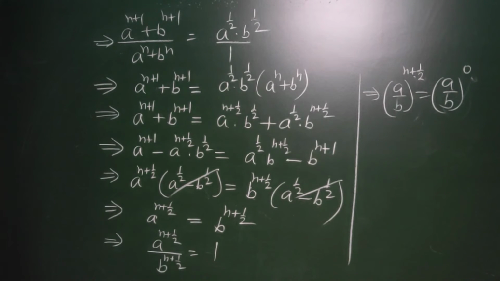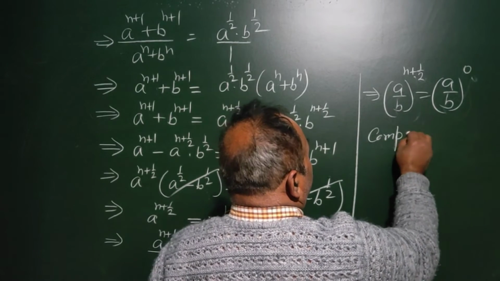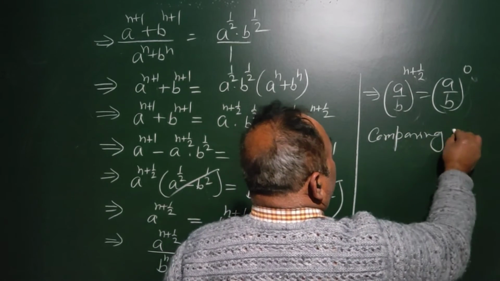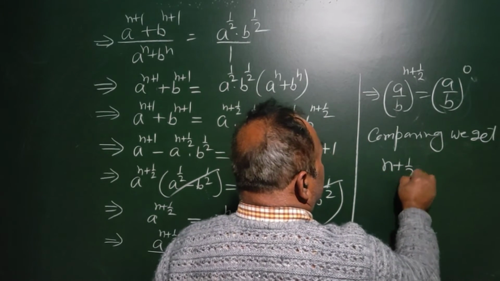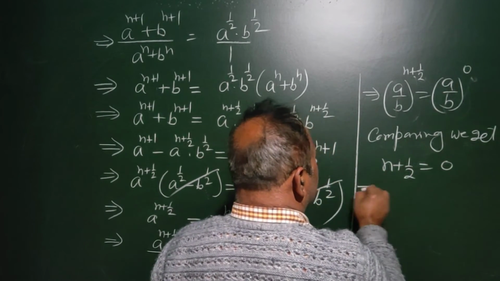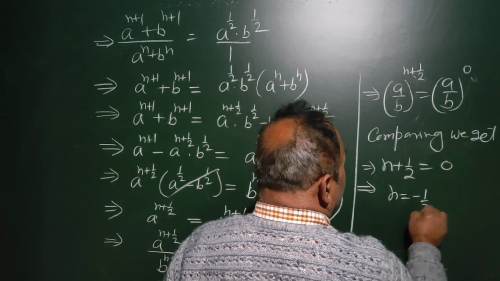After comparing the powers, we get n plus half is equal to 0. This implies n is equal to minus 1 by 2.